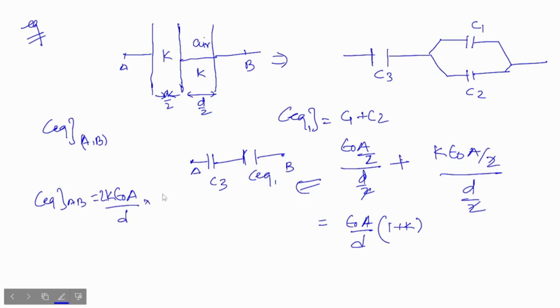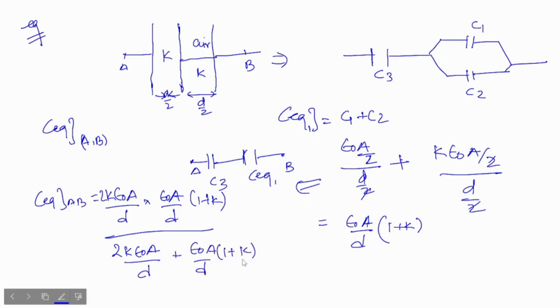Multiplied by C equivalent 1, which was epsilon naught A by D into 1 plus K, upon 2K epsilon naught A by D plus epsilon naught A by D into 1 plus K, right?